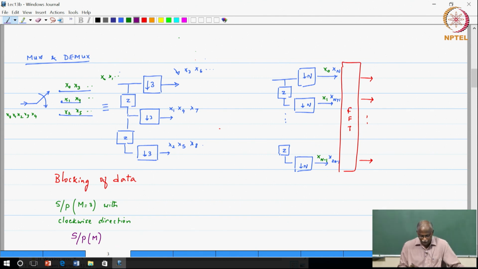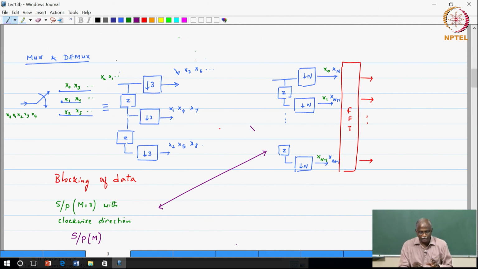And of course, this is directly linked to the application that we discussed yesterday, where if I was taking data, blocking it into non-overlapping segments and doing an FFT operation, for example, if I want to do spectral analysis, then this would fit perfectly. So, basically what I would ask you to do is implement a serial to parallel converter with M channels.